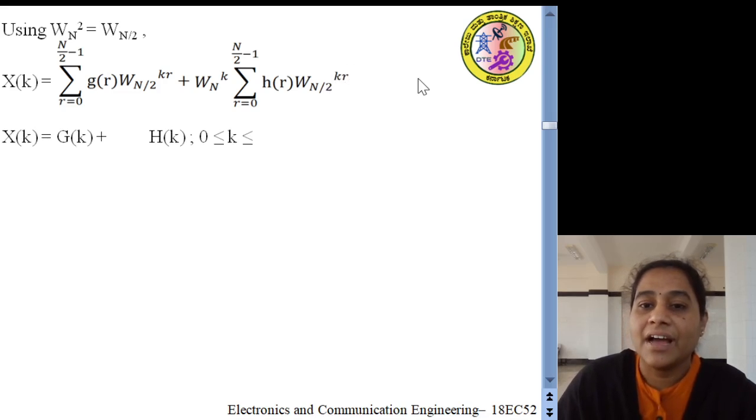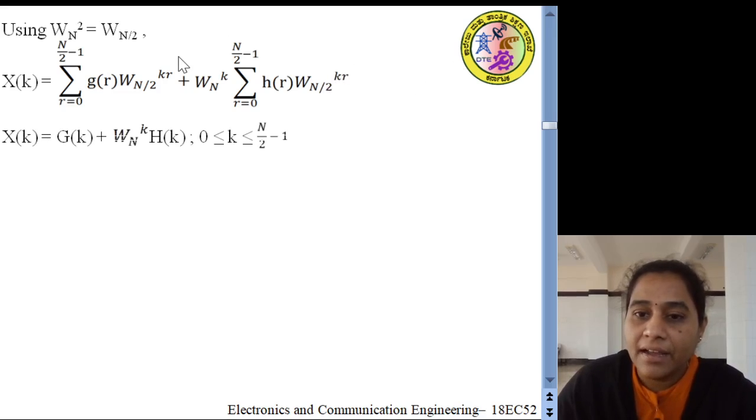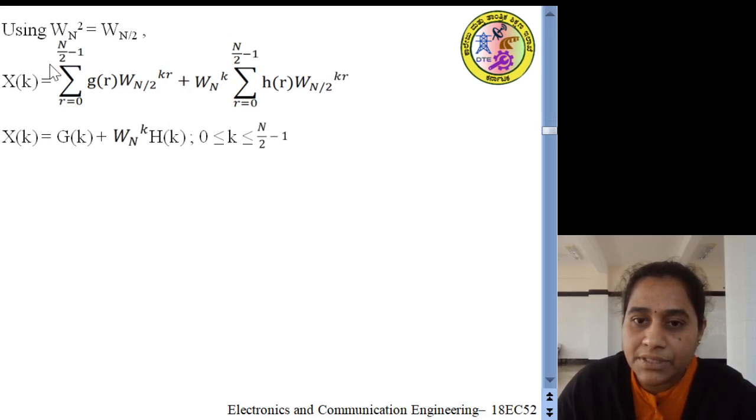So here observe these particular terms. The first term represents the DFT of g(r), and the second term represents the N/2 point DFT of h(r).